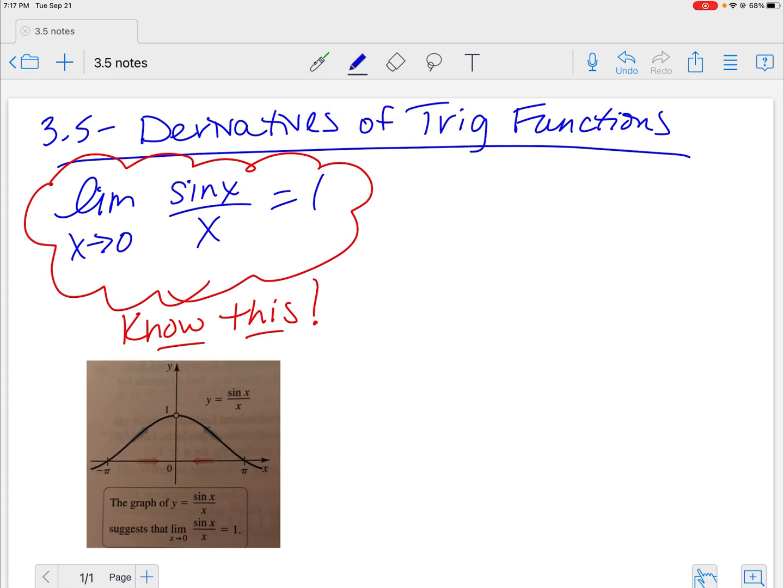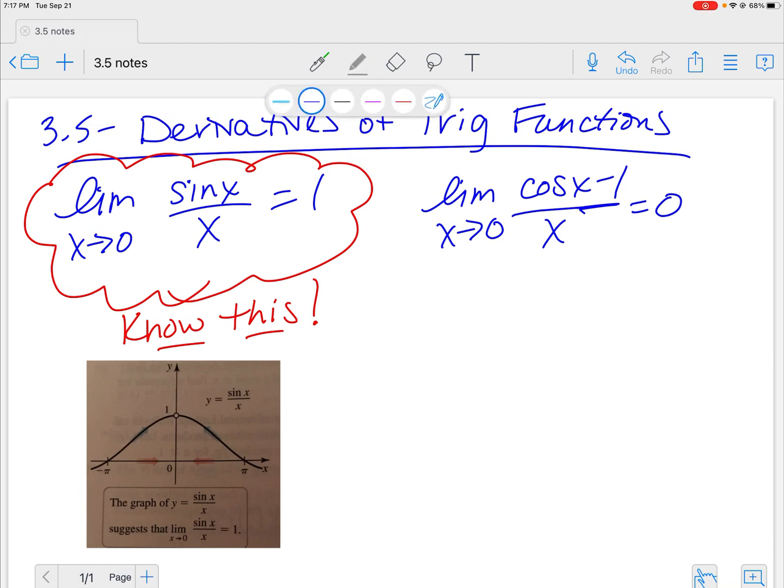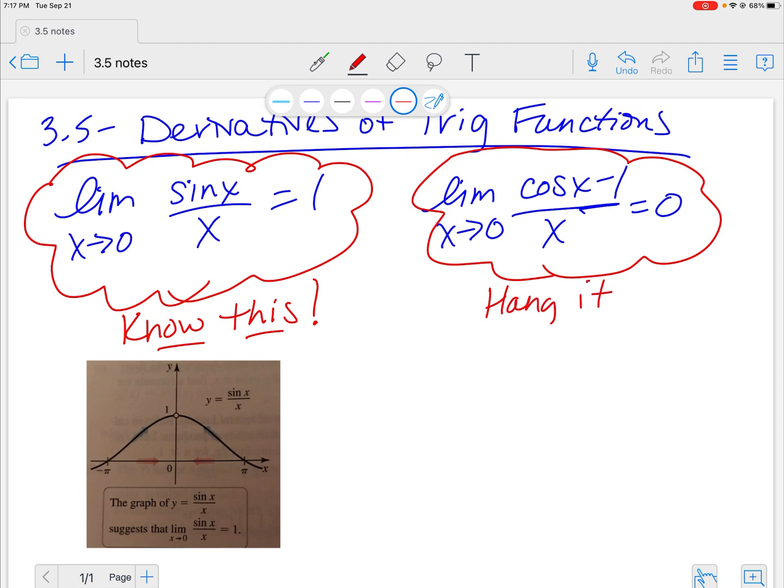All right. Here's another trig limit. Not as common. As x approaches 0, the limit of cosine of x minus 1 over x equals 0. This one, just hang it out in the back of your mind.